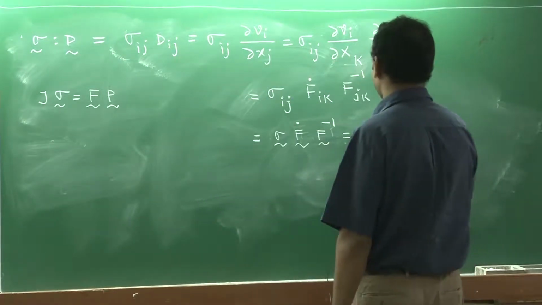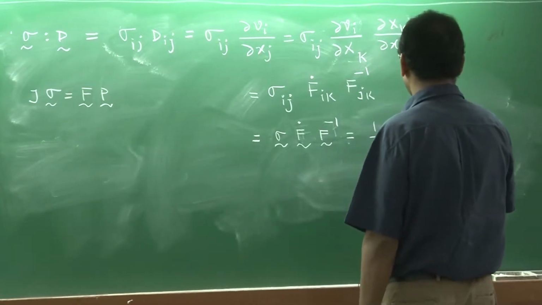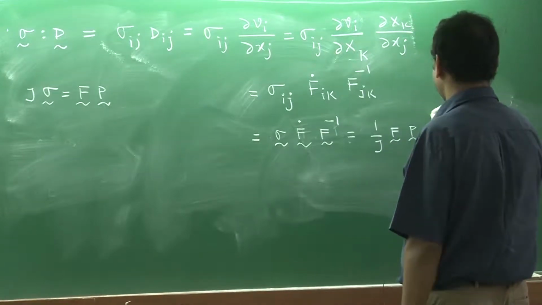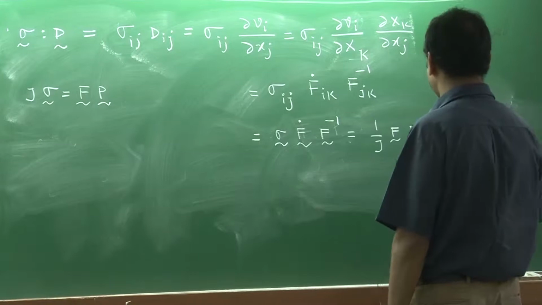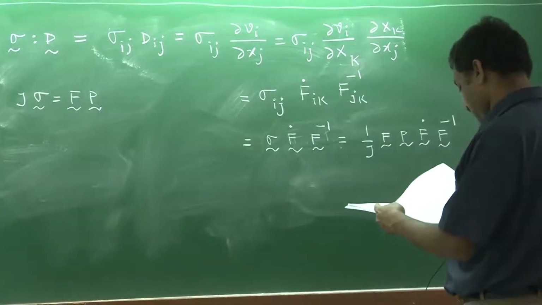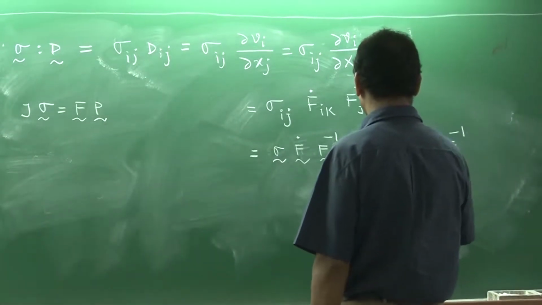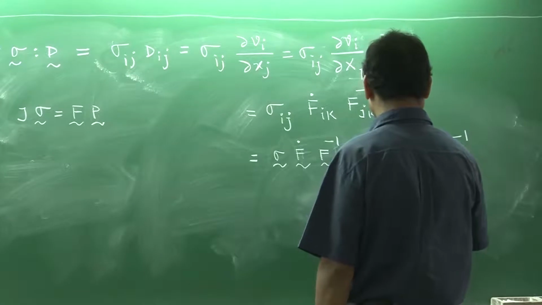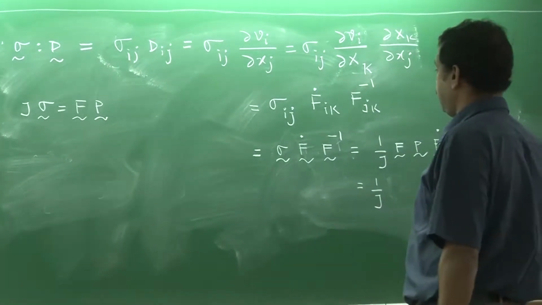Sigma is nothing but 1 by J F P, right, and F dot F inverse, dot F inverse, and F P is nothing but T, P F P F P, okay.